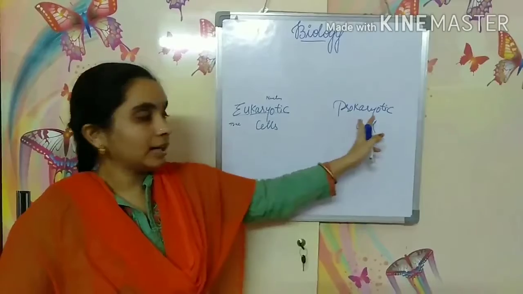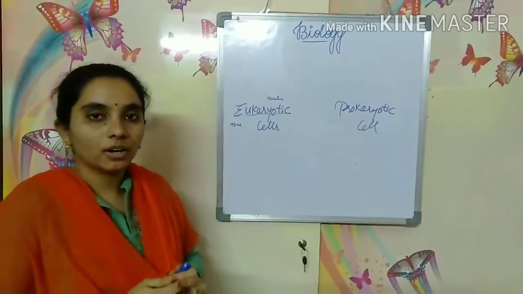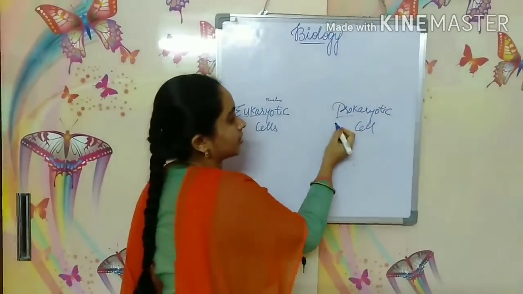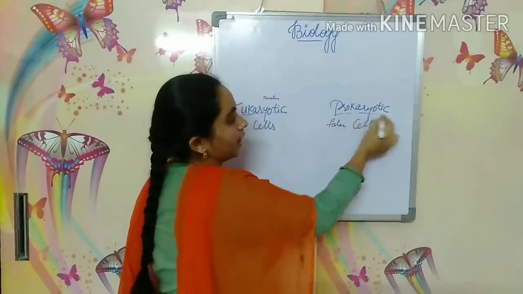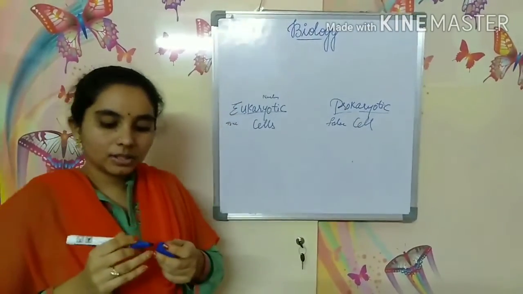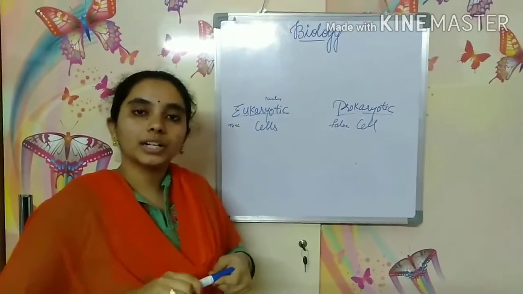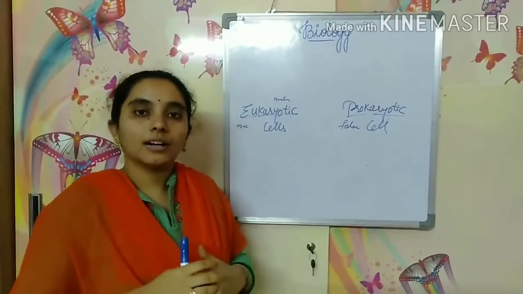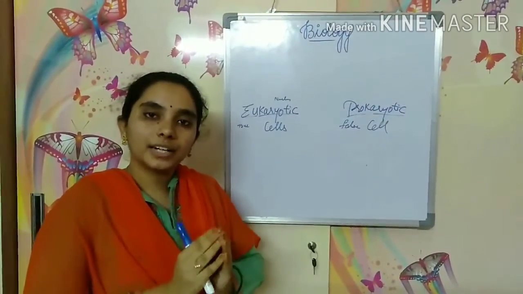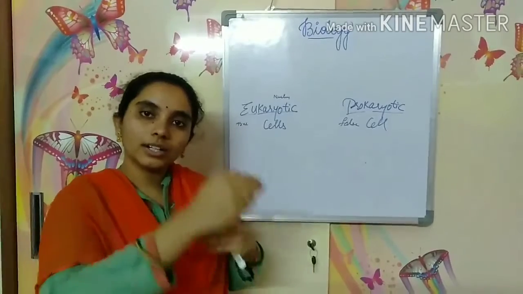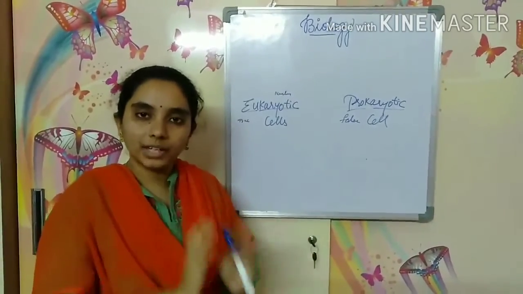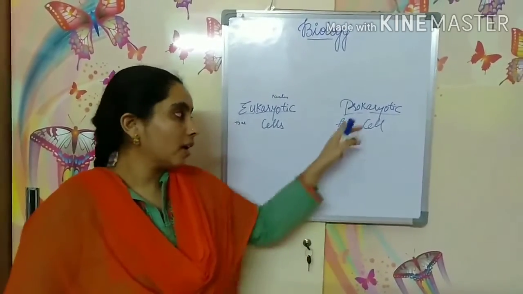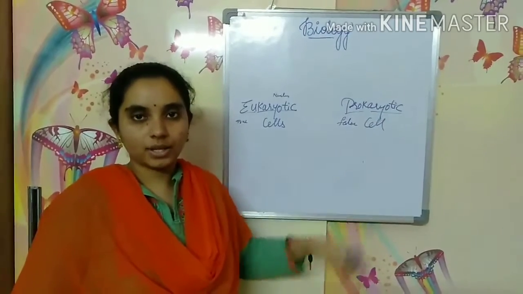But when you talk about prokaryotic, pro means false, and karyot means nucleus. The cell which doesn't contain a nucleus, where the genetic material or DNA is not enclosed or covered by the nuclear membrane, is called a prokaryotic cell.